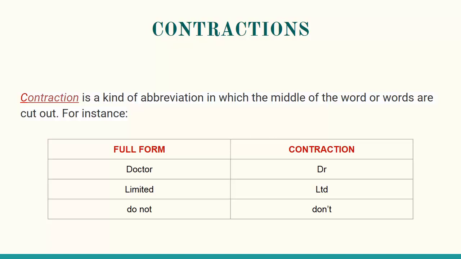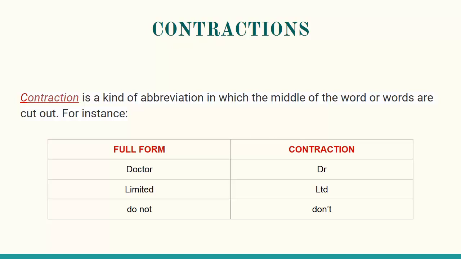For instance, again we have two columns. The left column we have the full form of the word, and in the right column we have the contraction of each word we have in the left column. The first example is the word doctor.